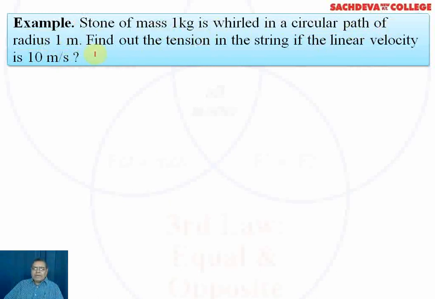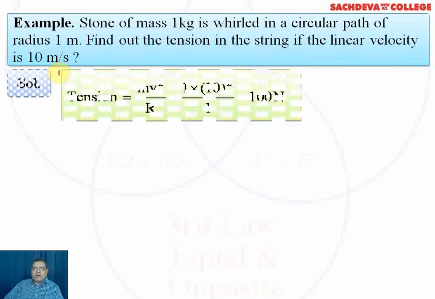We have to find the tension in the string if the linear velocity is 10 meters per second. Whenever the stone moves in a circle, the tension in the string provides the centripetal force to the stone, and the stone starts moving in circular motion. So we can say tension is equivalent to mv square over r.